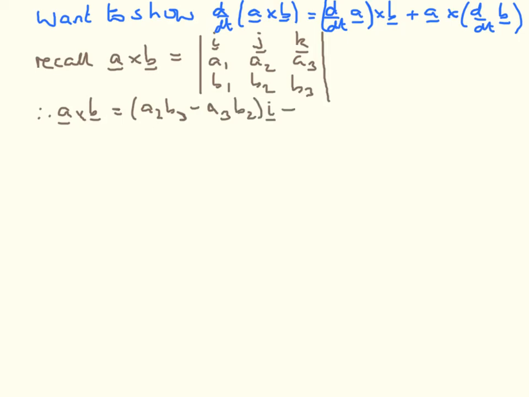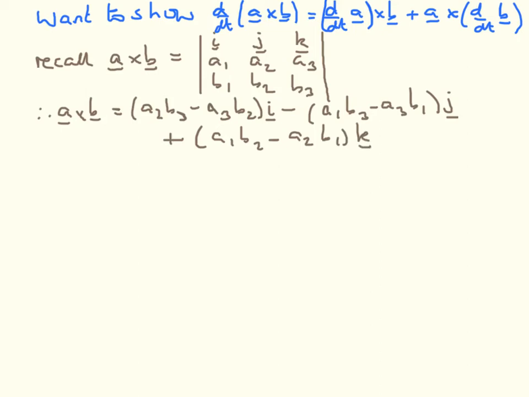And then we go to the next term, J, put a minus sign in front, and then it's A1B3 minus A3B1. So it's A1B3 minus A3B1 in the J direction, plus, and in the K direction, it is going to be A1B2 minus A2B1 in the K direction.